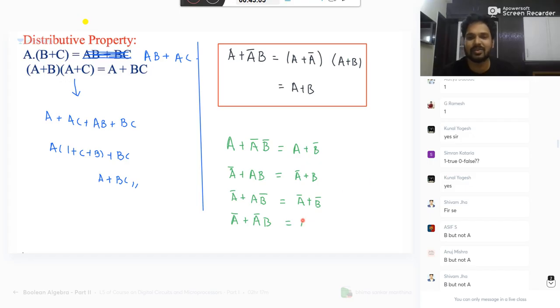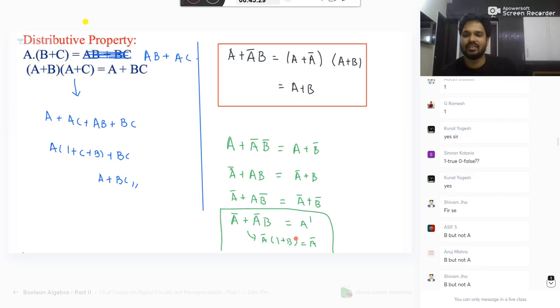It's A bar. Don't apply here the same rule again. Okay, you should see A and A bar, then only the rule is valid. Here it is A bar, you take common 1 plus B. 1 plus anything is 1. Answer is A bar. So here don't apply the previous rule.